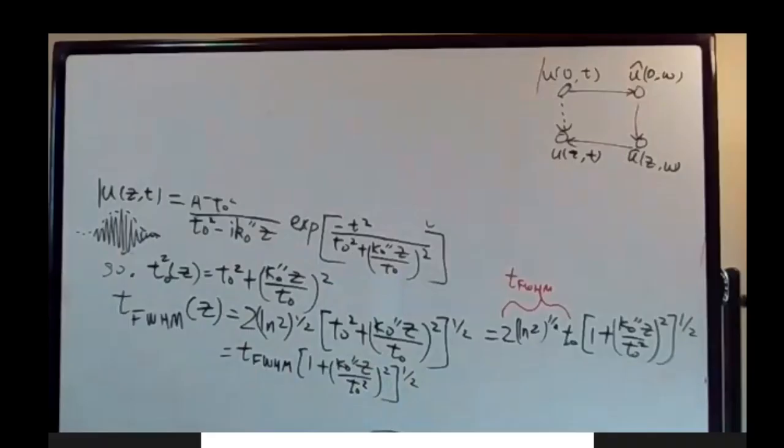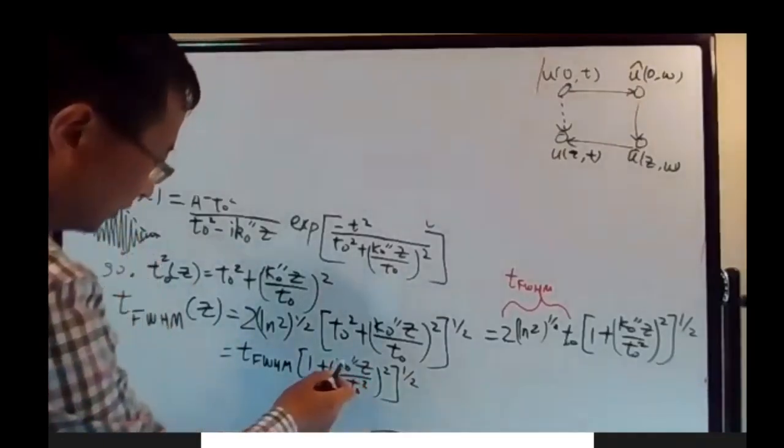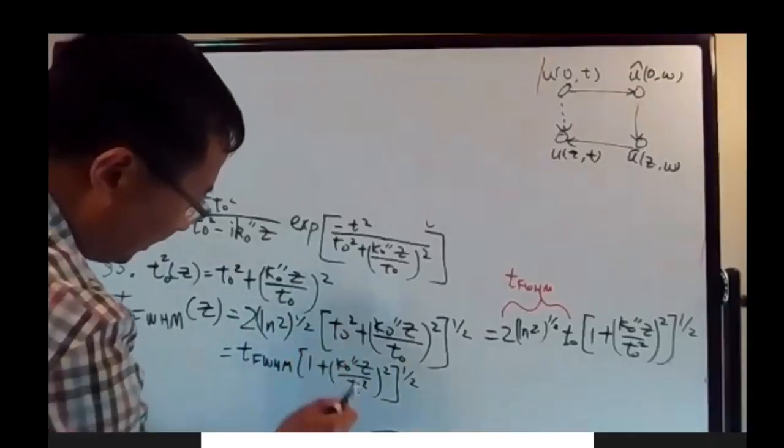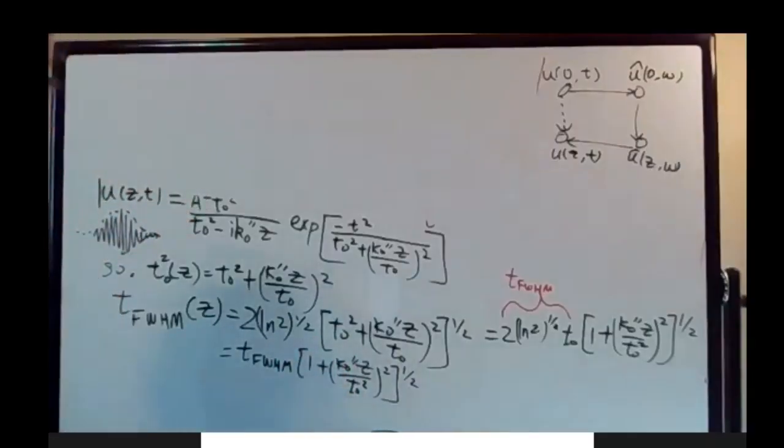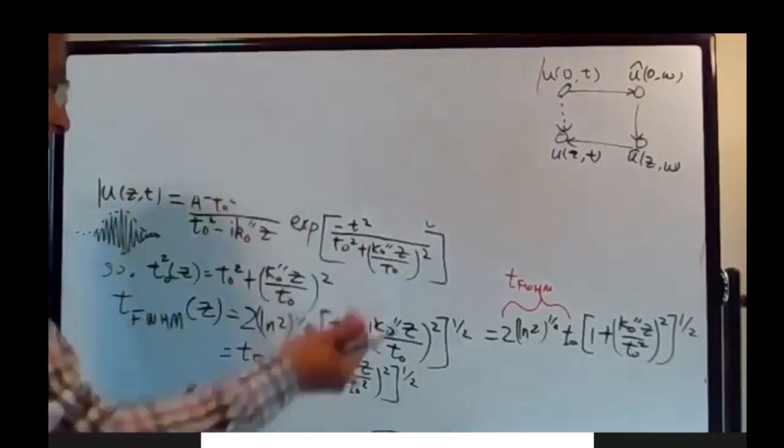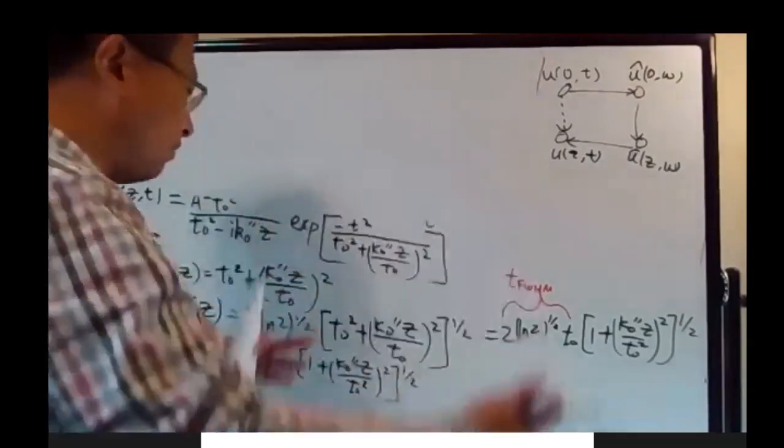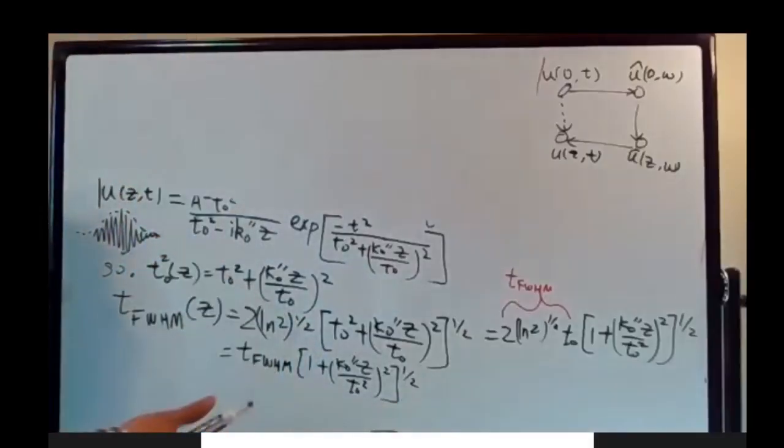Let's further simplify it. This K naught double prime and T naught square is a constant, as we previously learned. Once we have a pulse and a waveguide, it is determined.